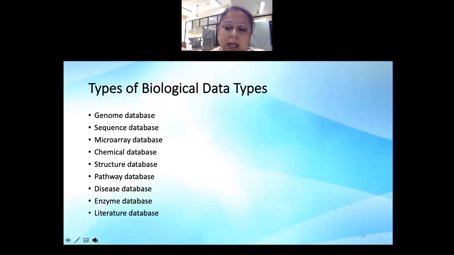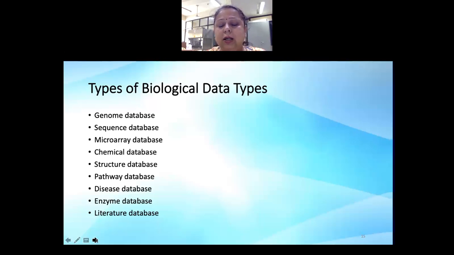Then there are enzyme databases, where you have full information about a particular enzyme, its role, its inhibitors, its enhancers, promoters, every knowledge, its three-dimensional structure, how its subunits are, almost every knowledge about it will be kept in such a database.